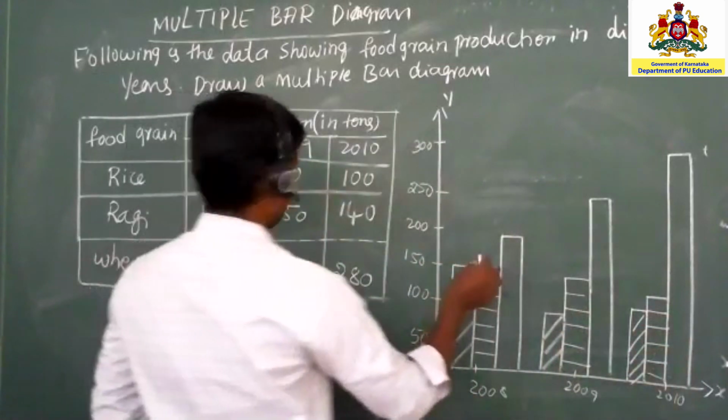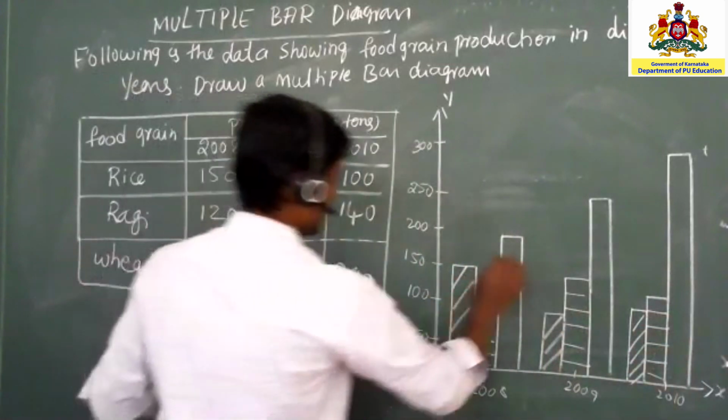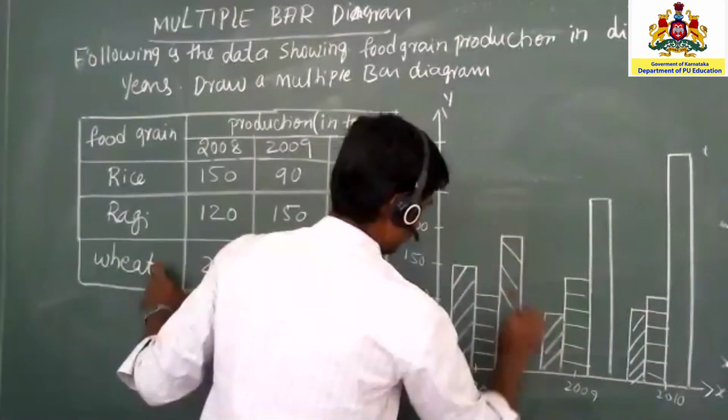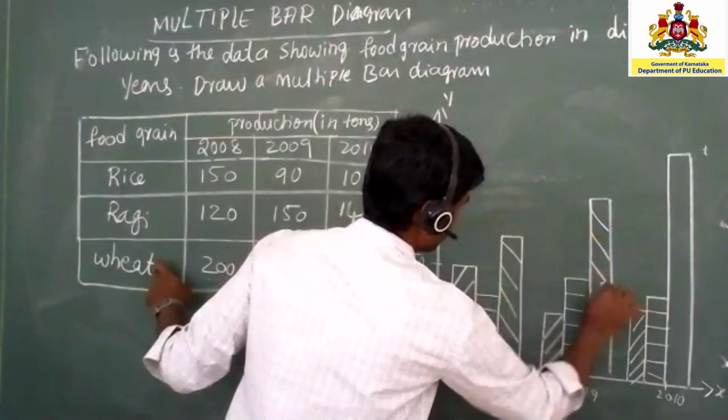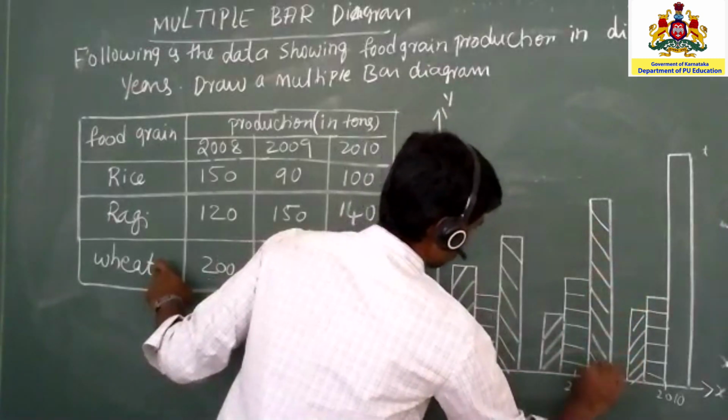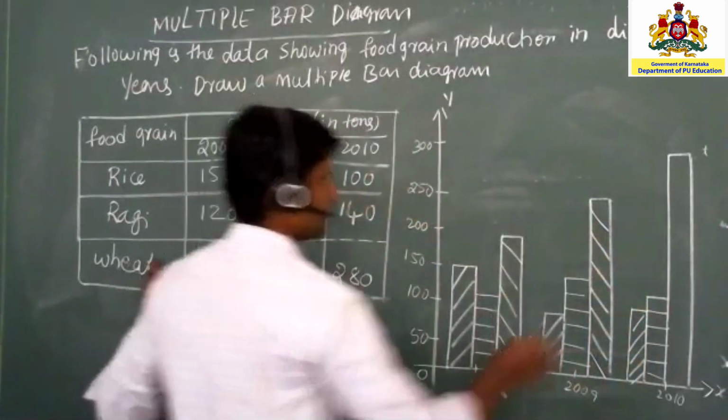And next, for wheat, reverse cross. The shading is your choice, coloring, crossings, whatever. That is your wish.